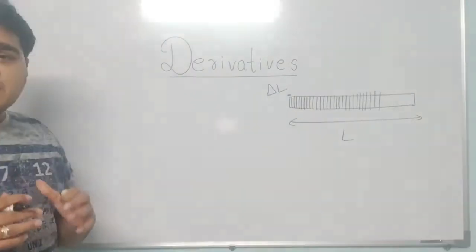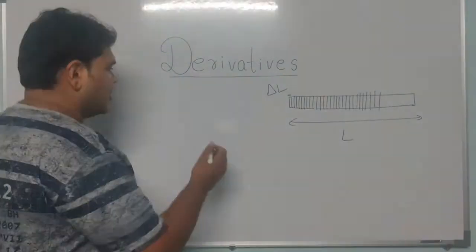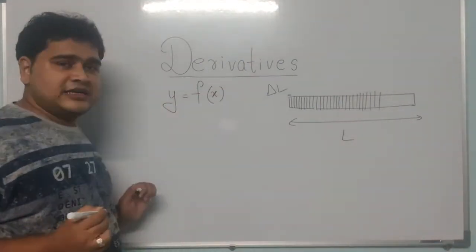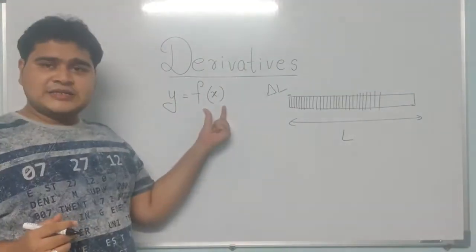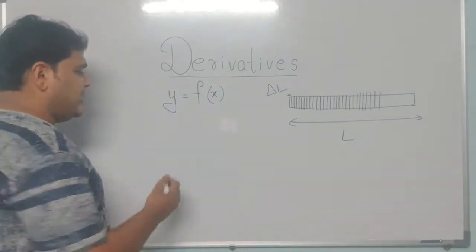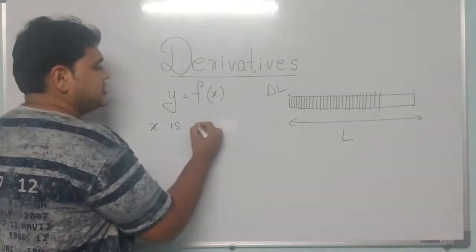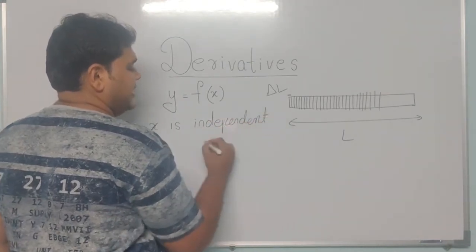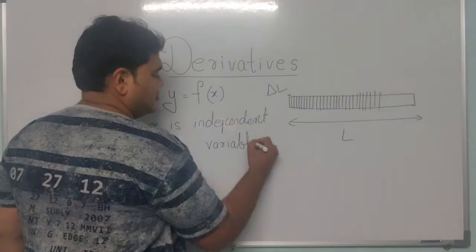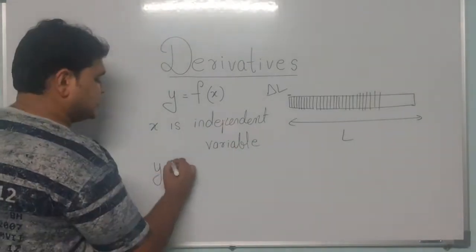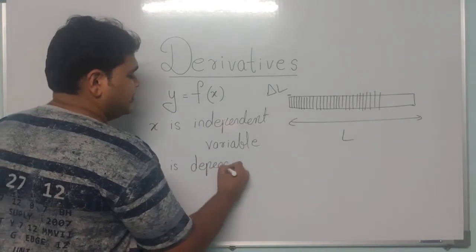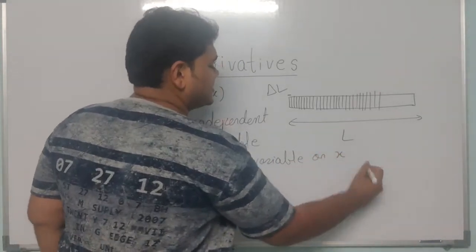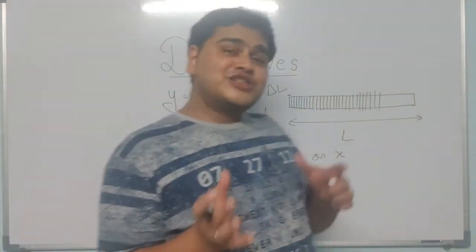Let's say I give you a very simple equation which says y is equal to f of x. Now what does this mean? I mean that here x is some independent variable and y is a dependent variable on x using the function of x.